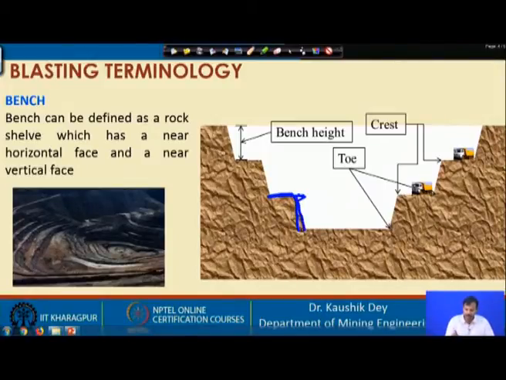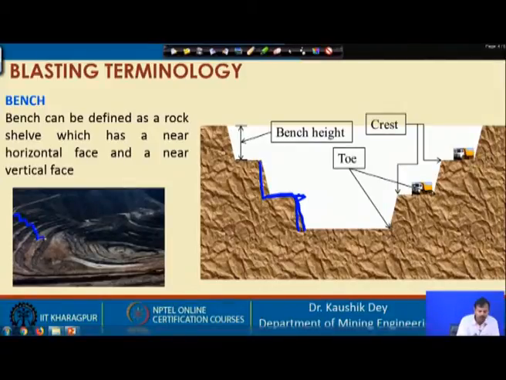This is the near vertical face, and in most cases when the face is under operation, you can have an almost vertical face. The near vertical face is there for the stability of the bench, and in most practical operation sites you will find the near vertical face. Basically, a bench is a rock mass, and different benches form a mine. You can see a picture of a mine where the different benches are formed.